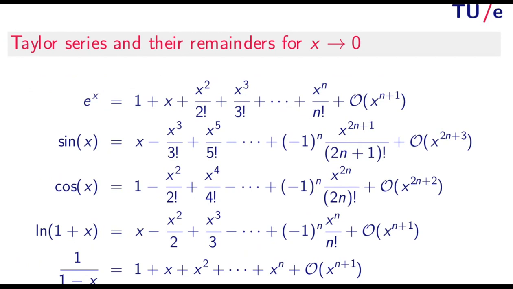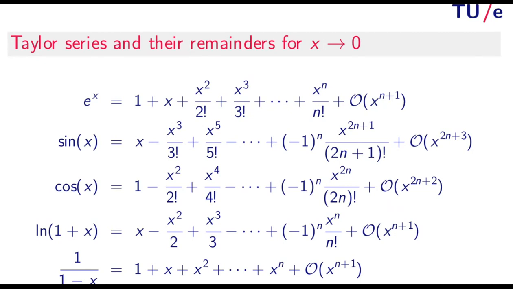We can use this big O notation to explain how the Taylor series approach some function. For example, e to the power x we can write as the first terms of the Taylor polynomial up to x to the power n divided by n factorial, and then the remainder will be big O of x to the power n plus 1.